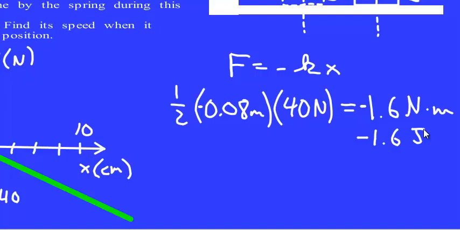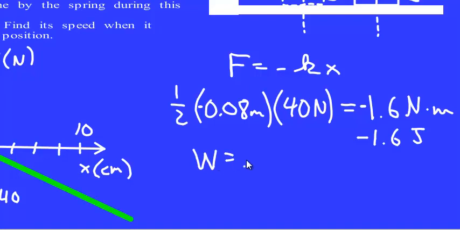And then, of course, you could turn around to part B. The block is released. Find its speed when it returns to the equilibrium position. Well, that 1.6 joules of work, the spring is going to turn around and do the same amount of positive work, right?